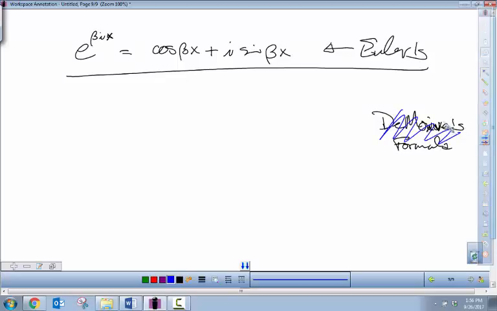Yeah, we could do a lot of proofs with a lot of things, but let's get back to our task at hand here. We got e to the alpha plus i beta x.